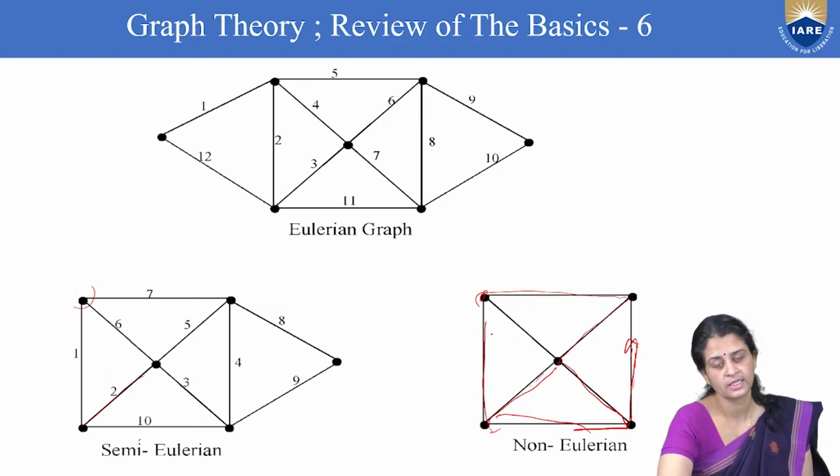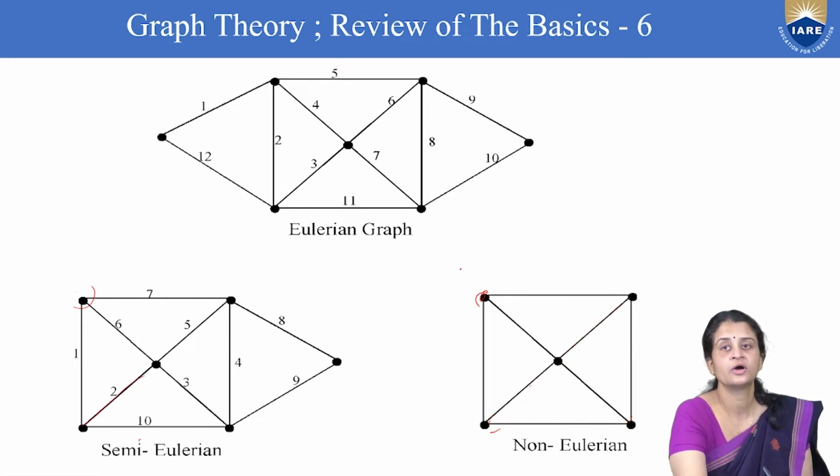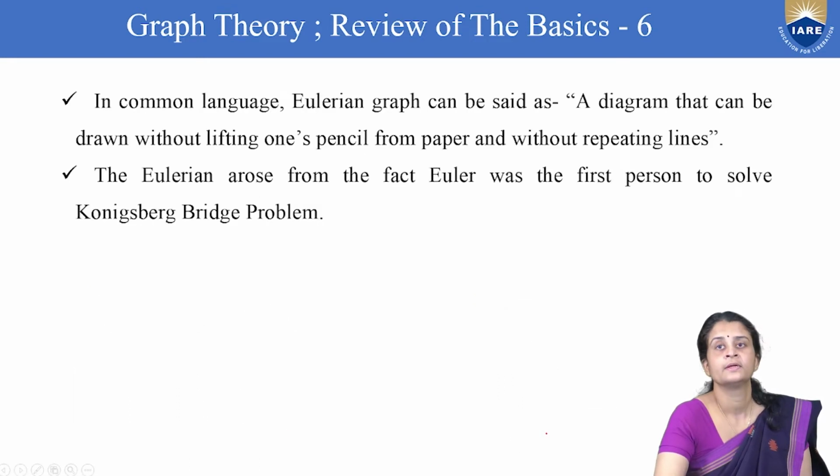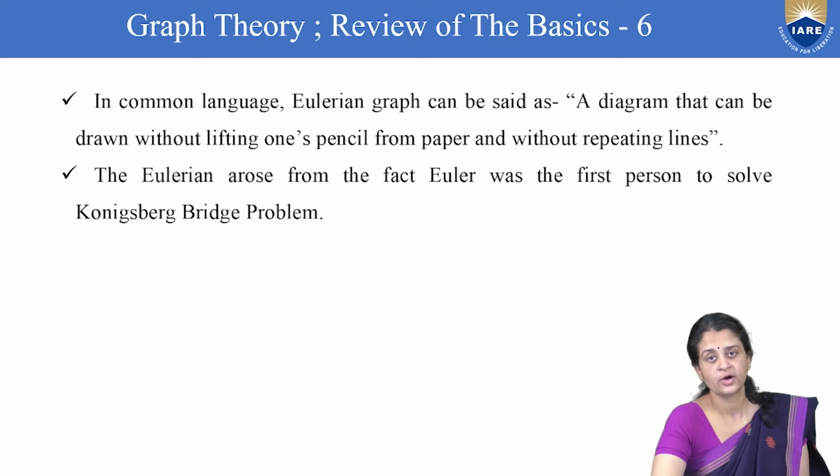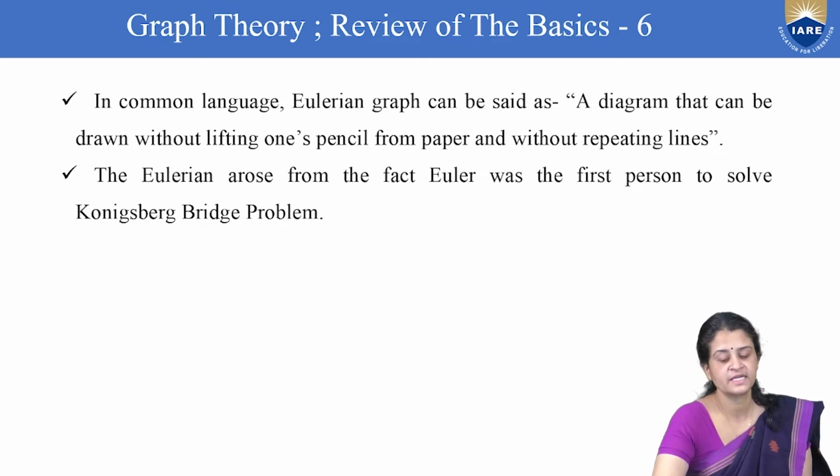If I am going like that, I am unable to travel through every edge exactly once. So it is not an Eulerian graph. This is an Eulerian graph, this is semi-Eulerian, and this is non-Eulerian. In common language, an Eulerian graph can be said to be a diagram that can be drawn without lifting one's pencil from paper and without repeating the lines.